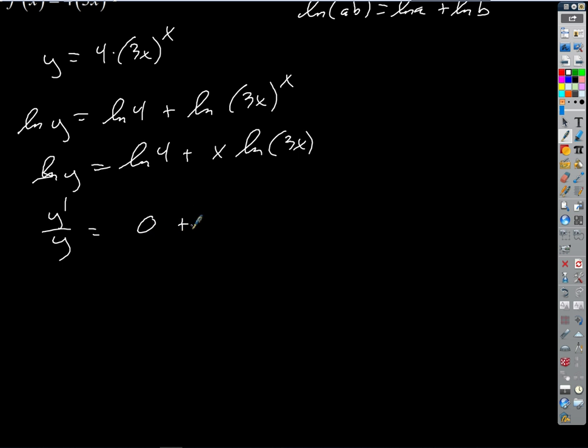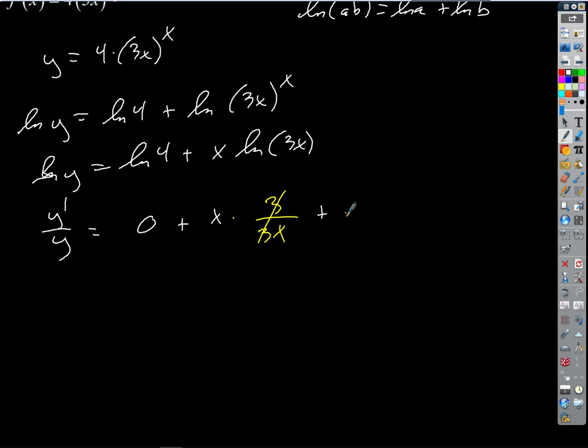And then what about this guy? That's a product rule, isn't it? Good, so we've got x times the derivative of log 3x. Well, what's the derivative of log u? 1 over u. Almost. U prime over u, right? So u prime is going to be 3, u is 3x, right? 3's cancel, okay? And so the x's will cancel, won't they?